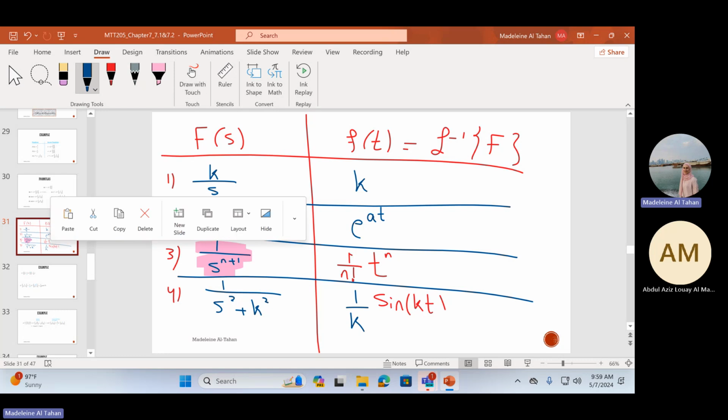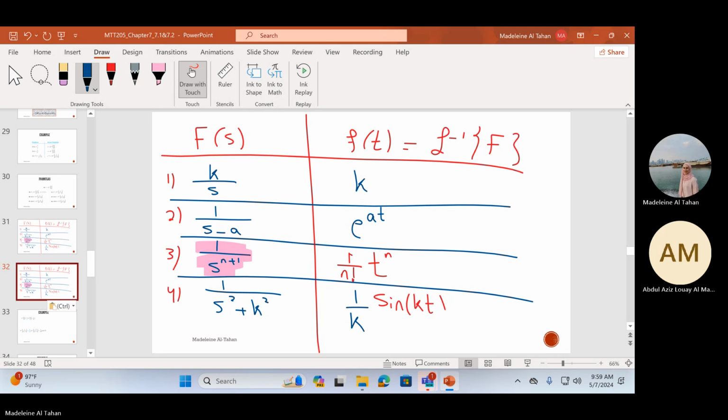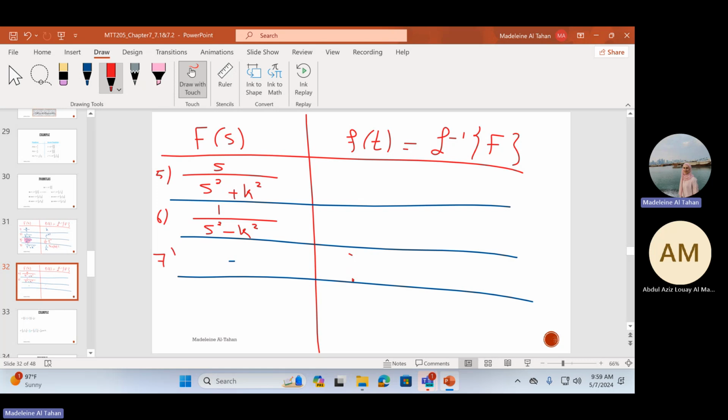We will continue now with the table, okay? So we will write again here s over s squared plus k squared. We will write 1 over s squared minus k squared. So this is number 5, number 6, and number 7. And here s over s squared minus k squared. Please try to fill these ones as well.